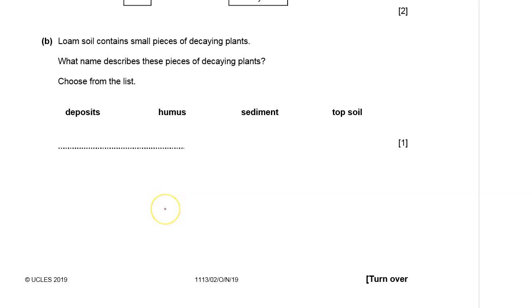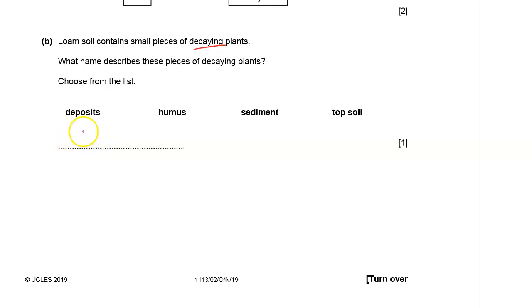Part B. Loam soil contains some pieces of decaying plants. What name describes these pieces of decayed plants? Choose from the list. Are they deposits, humus, sediments, or topsoil?